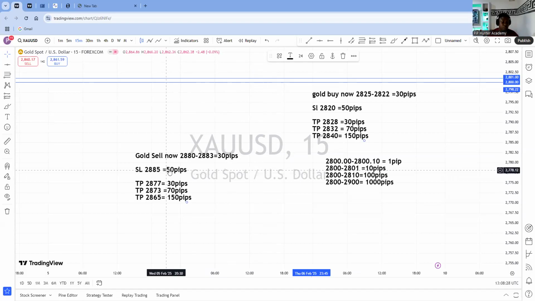Because when it hits your stop loss, which is 50 pips, 4 multiplied by 5 will give you 20. And if you hold all of them to TP, 15 multiplied by 4 will give you how much? That is the equivalent amount of profit you are going to make. All right. So it is very simple as this.